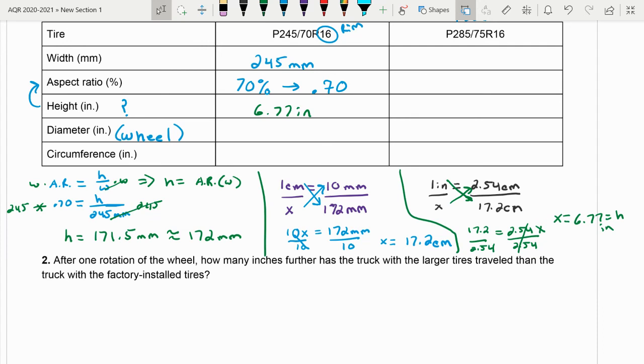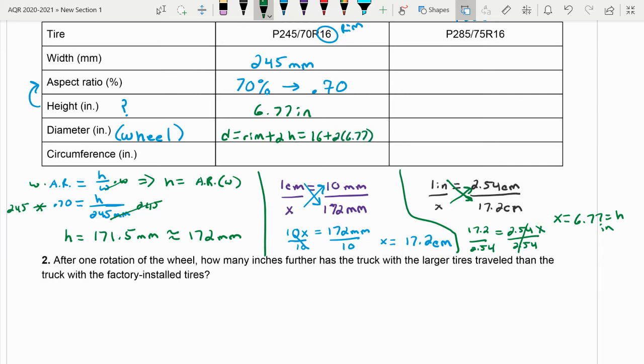Now I have the height, and now I can calculate the wheel diameter. To get the diameter, we're going to use the rim size plus 2 times the height, which is going to be the rim size of 16 plus 2 times 6.77.